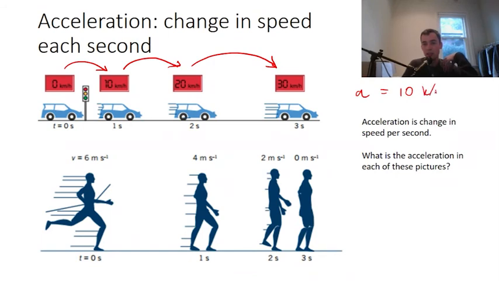It's kilometers per hour per second, because every second, it's changing by 10 kilometers per hour. That's a bit tricky. This one is -2 meters per second per second. And because we've got 2 per seconds, we can actually write -2 meters per second squared.